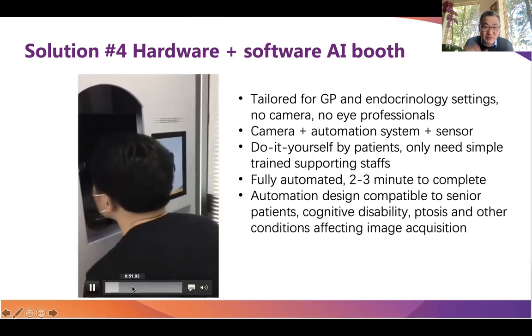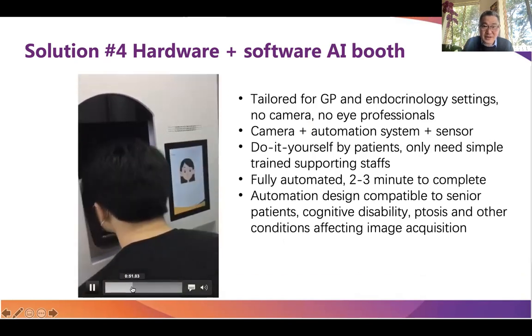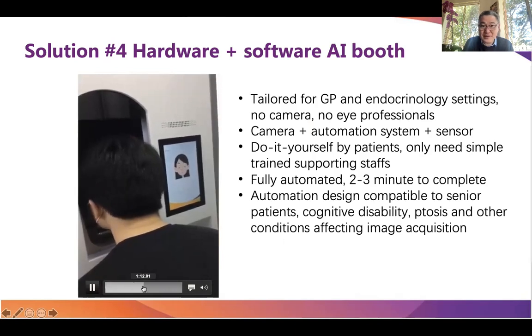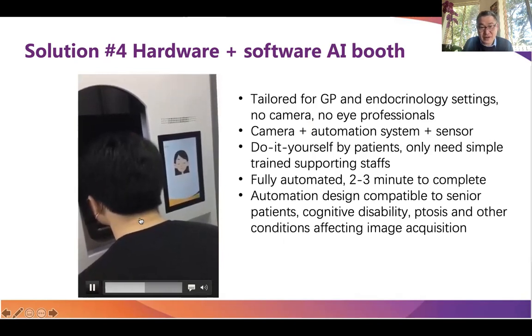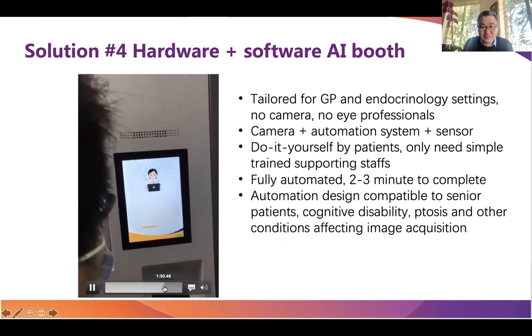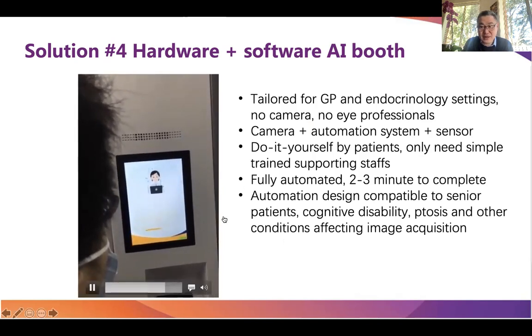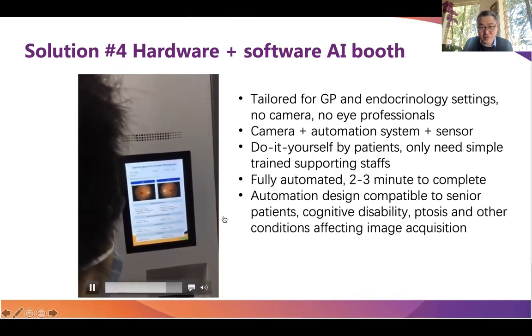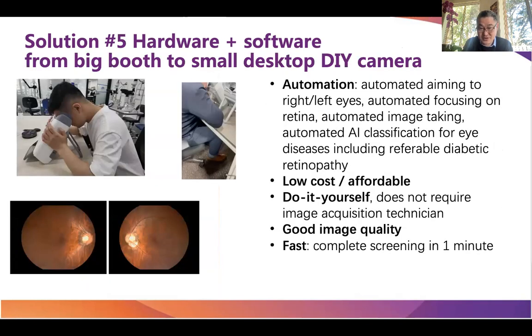Based on the voice instruction, the patient can complete all this screening program by themselves without depending on the technician. Please open your eyes now. Now, grading process. So everything is automatic. You don't need a technician to help collect the images.